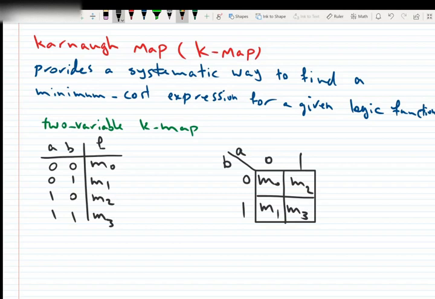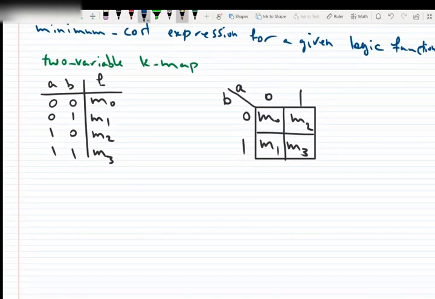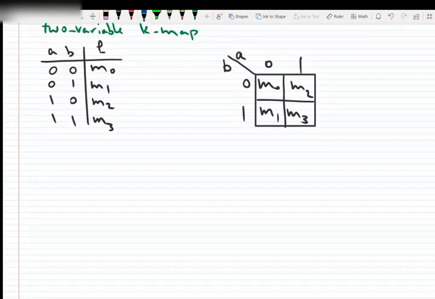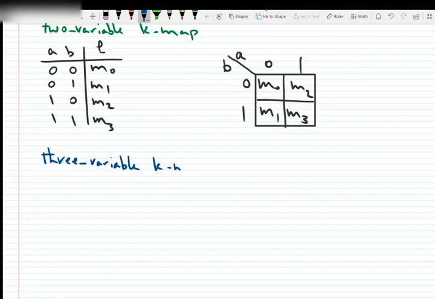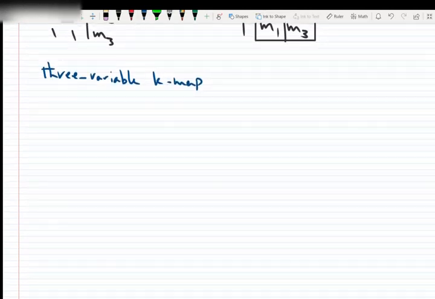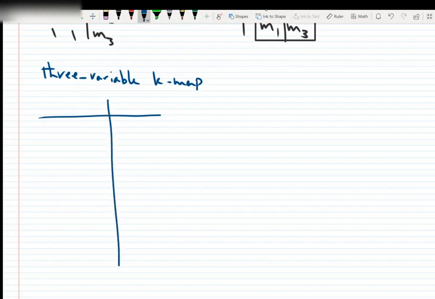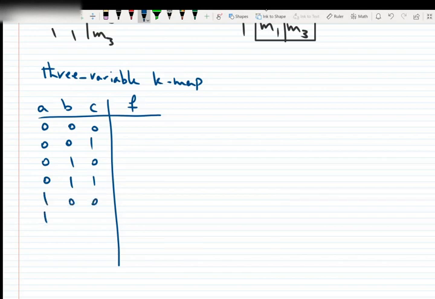So this one is two variable k-map. So let's see what is three variable k-map. So here we want to learn three variable k-map. For three variables, of course, we need three inputs, a, b, c, and the function is here. So we start by 000, 001, 010, 011, 100, 101, 110, 111.